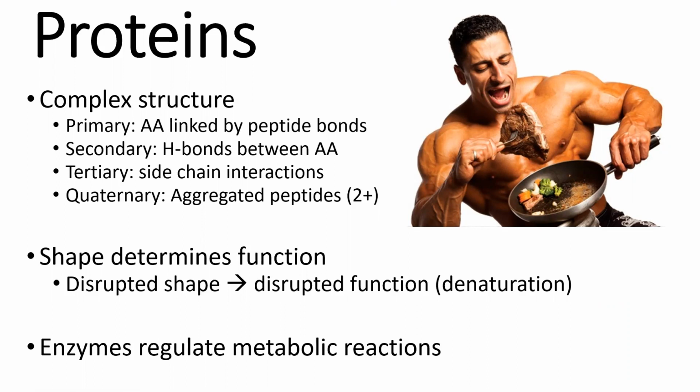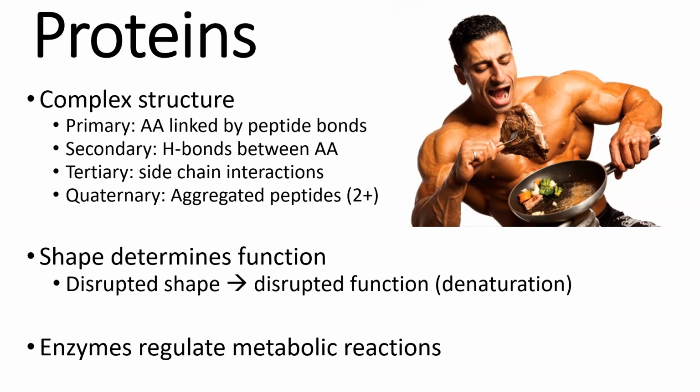The primary structure of proteins is just the sequence of amino acids. The secondary structure, you have the creation of an alpha helix and a beta pleated sheet due to hydrogen bonding. Third, you have the tertiary structure formed by the interactions with the side chain.